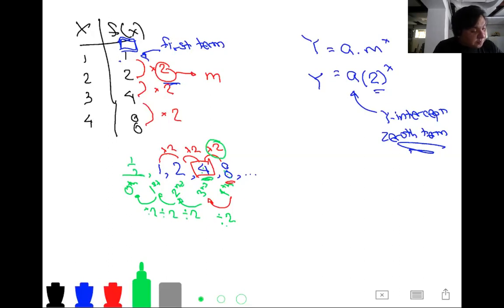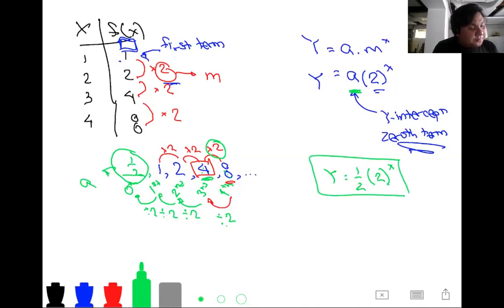Thus, we can now replace our A with the value for the 0th term, which is also the y-intercept. So A here must be 1/2. And this is our exponential function model for example number 1.